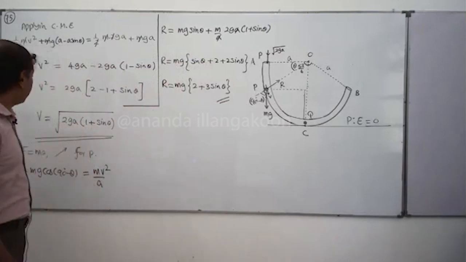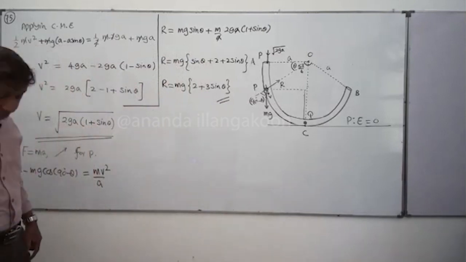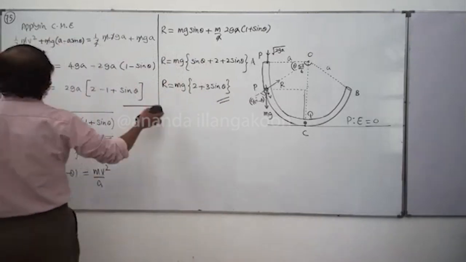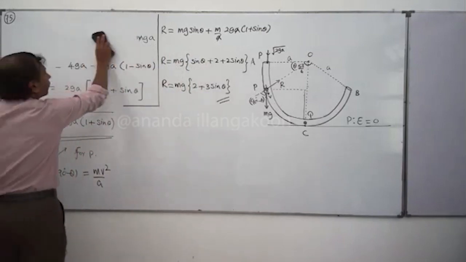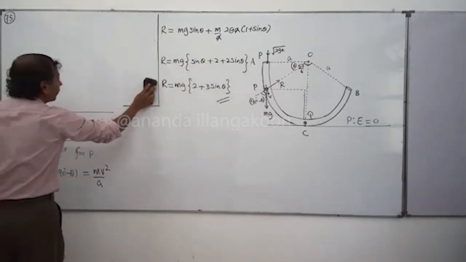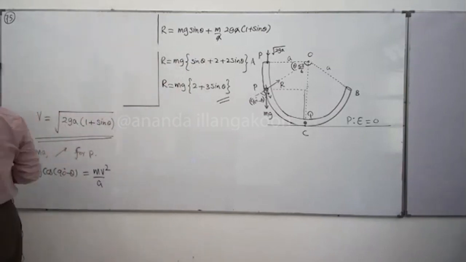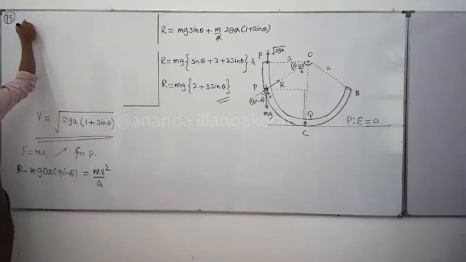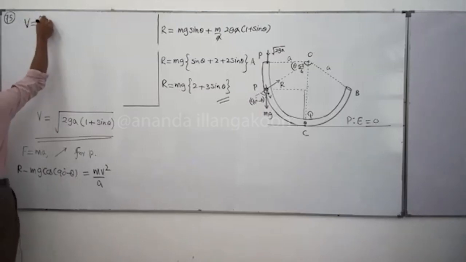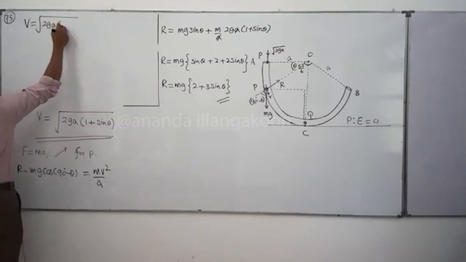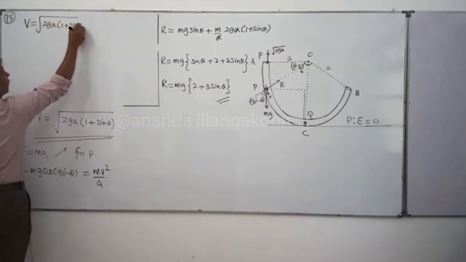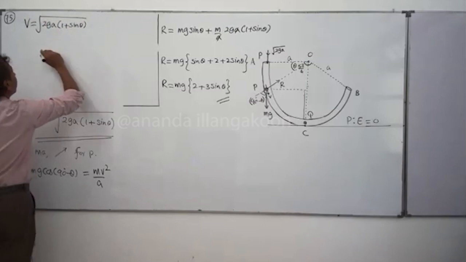These two answers you could get very easily. V is the square root of 2GA(1 plus sine theta).